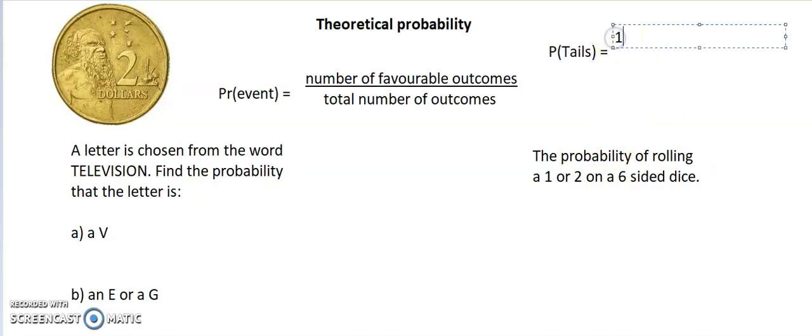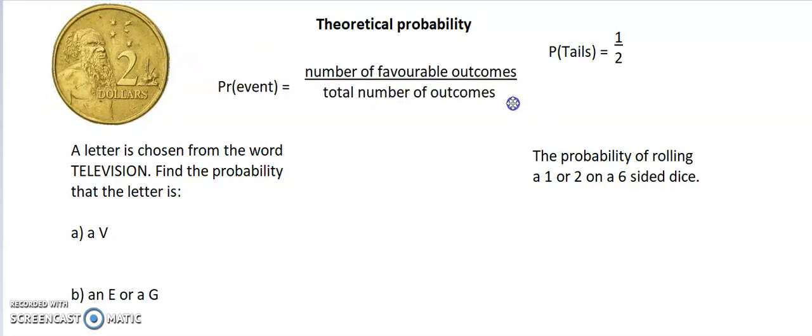So that means it is 1. And the total number of outcomes, well, there's tails and there's heads. So there's 2 outcomes. So that just shows me that the probability of getting tails is going to be half, 50%.